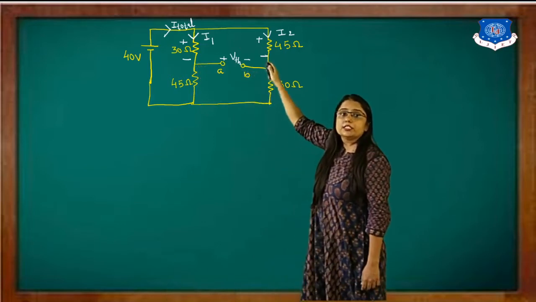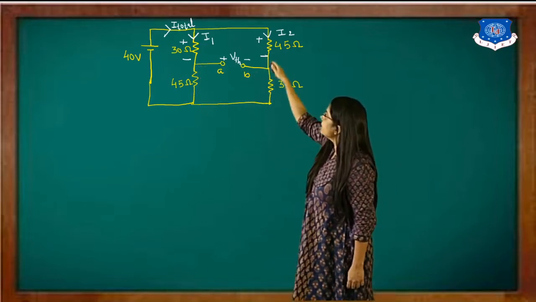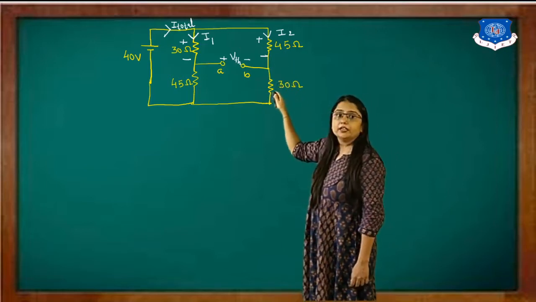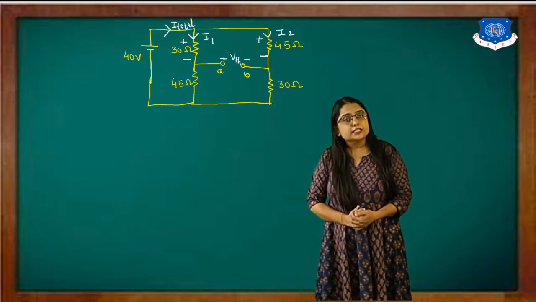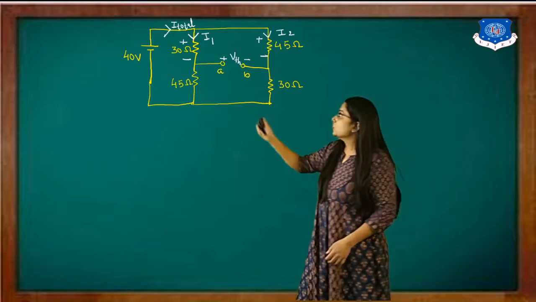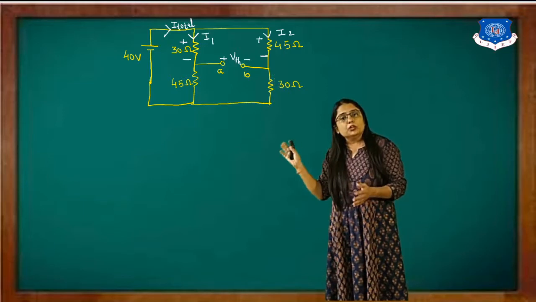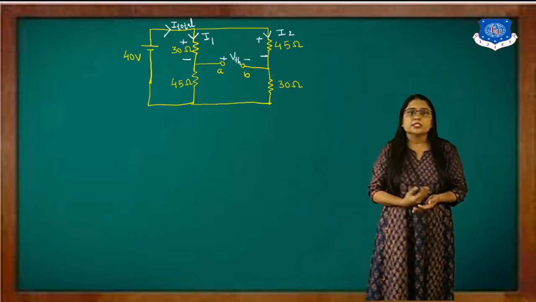Here also, you just see, this branch resistance is 75, because this 45 and 30 are connected in a series connection. So here also 75, here also 75. So both the branches have the same resistance.